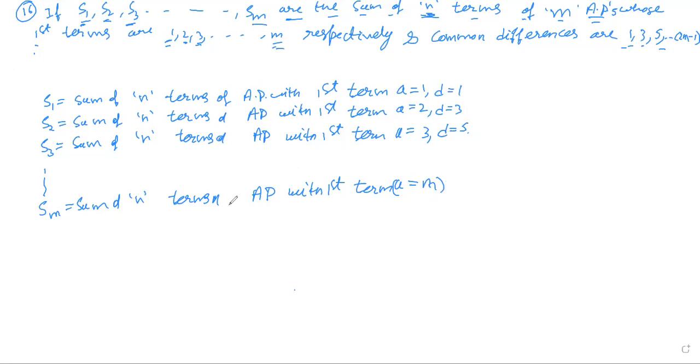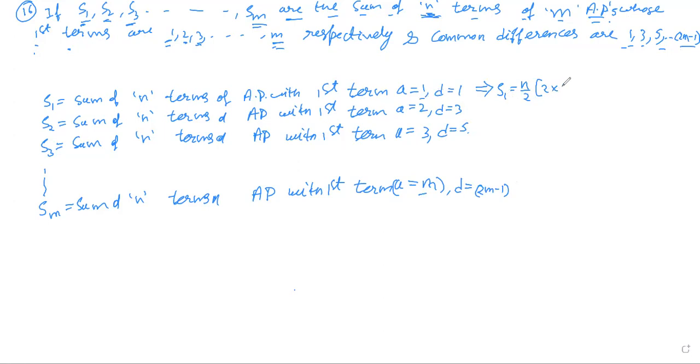And so on. Sm is the sum of n terms of an AP whose first term is m, and a common difference is equal to 2m minus 1. It implies S1 equals sum of n terms, we know the formula, n by 2 into 2a plus n minus 1 into d.